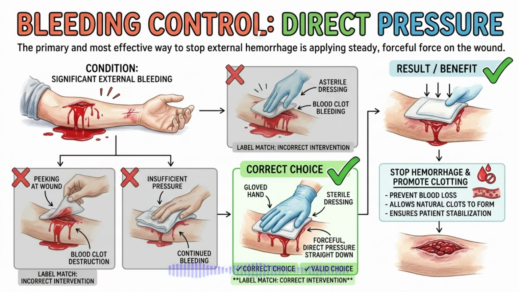If blood soaks completely through your first dressing, you should never remove it, but instead place a second dressing directly on top and press even harder. This fundamental skill is heavily tested because it is the most common and effective way to stop hemorrhage in the field.